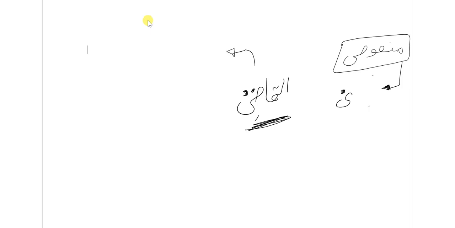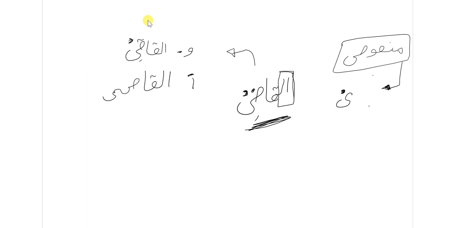If this type of word has alif lam on it, in halat raf'i it will be written like this, al-qazi. In halat nasbi it will be written al-qaziya. And in halat jarri it will be written al-qazi with ya sukun.